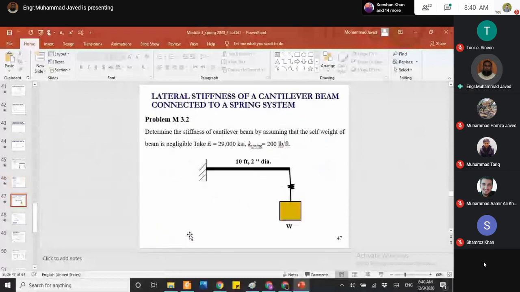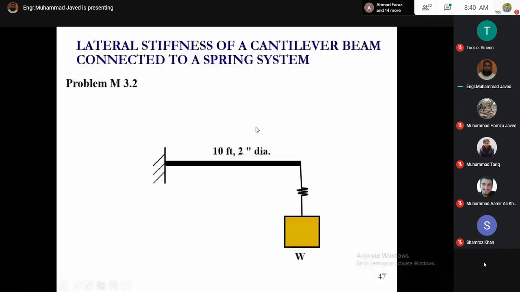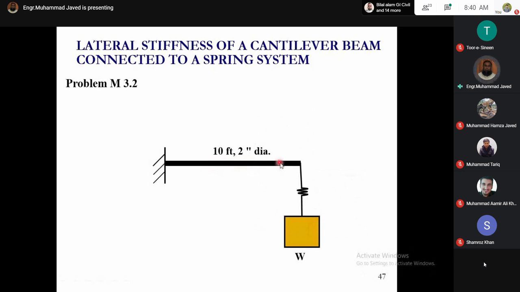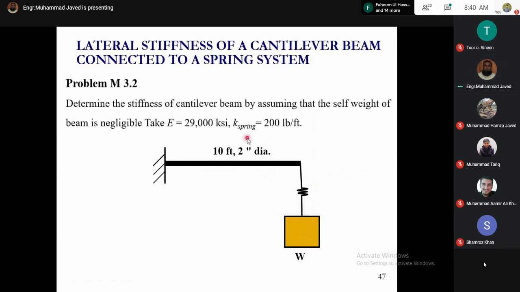Now another example. A circular beam is given which has a diameter of 2 inch, length is 10 feet, and a spring is connected to the free end and a load is suspended from the other end of the spring. The stiffness of this spring is 200 pound per foot and the value of E is 29,000 psi.